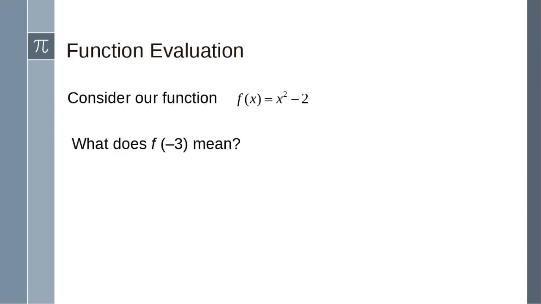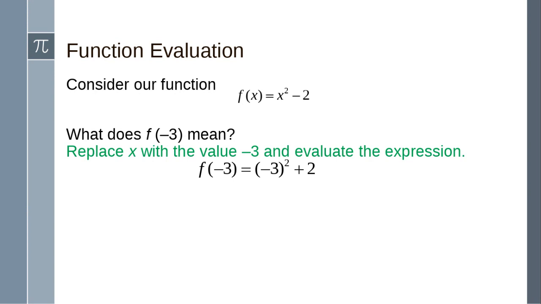All right, so if I would ask you, well, what does f at -3 mean? Well, again, what that means is we are going to now evaluate our function, and -3 is our input value, and we want to get an output, right? And we're going to get a y value as an output. So again, if we were going to evaluate this, everywhere I see x, I'm going to replace it with -3.